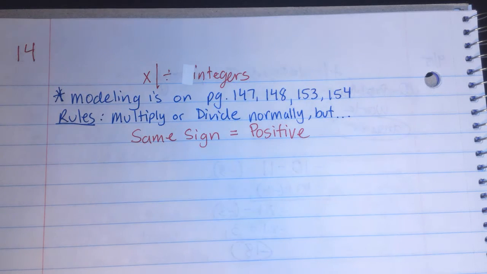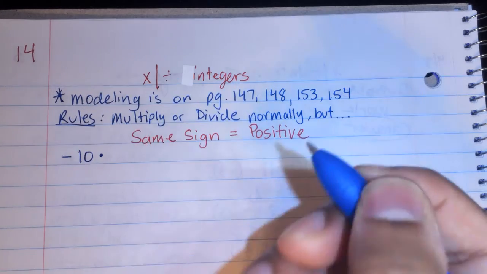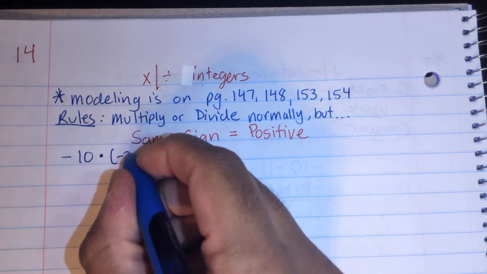So in elementary school, when you did multiplying, if I did 5 times 2, 5 times 2 is positive 10. If I did 100 divided by 10, it's positive 10. Now the only difference is, now when I do two negative signs, your answer is still positive. So for example, if I had negative 10 times negative 2. Now remember, these are different symbols, right?